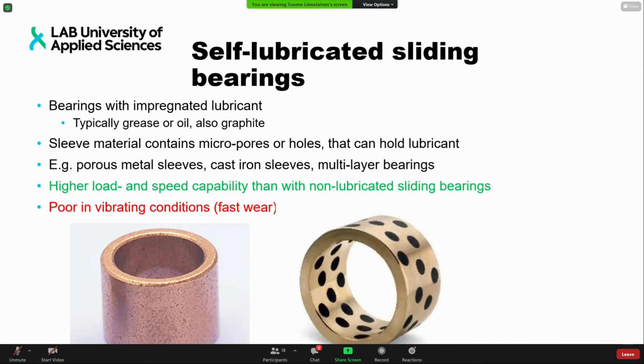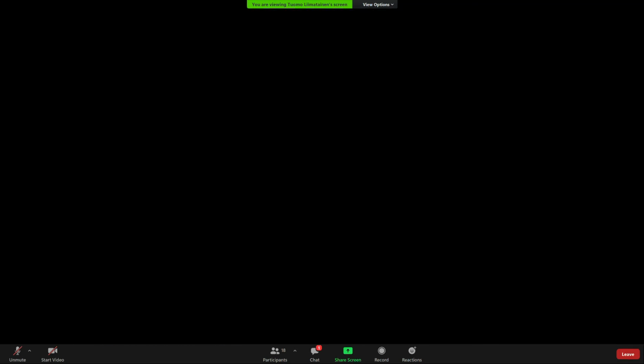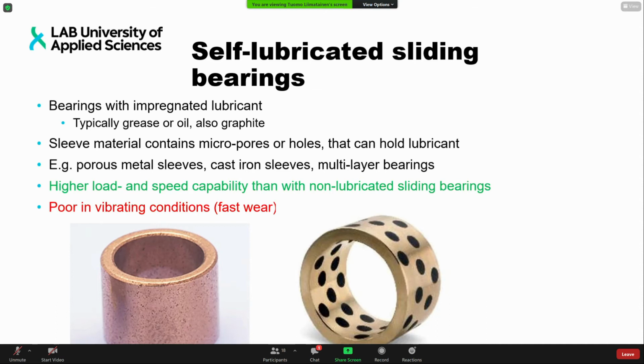The primary question is whether the load comes through this kulutusholkki. If it does, then it's basically a sliding bearing. But if it is there only, for example, between the seal and the shaft, then I would say it's not a sliding bearing.